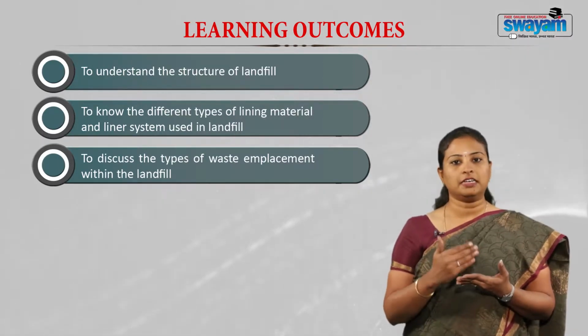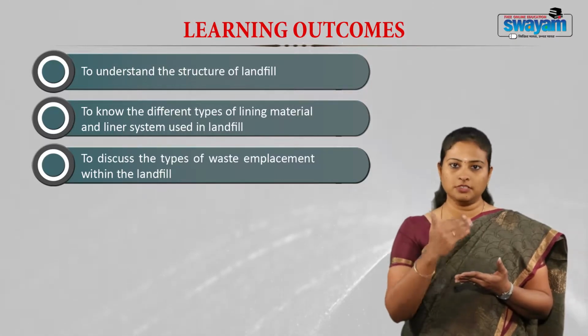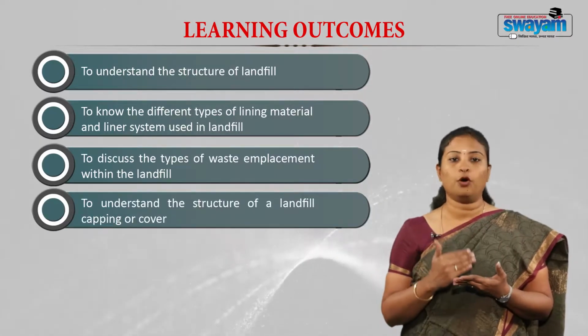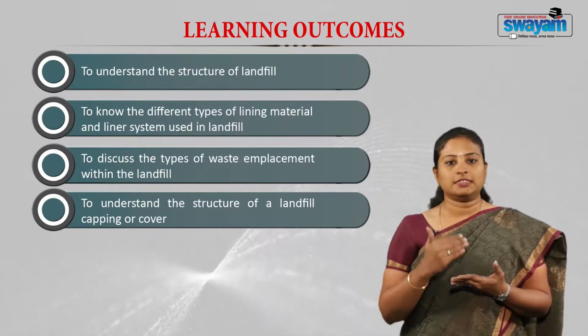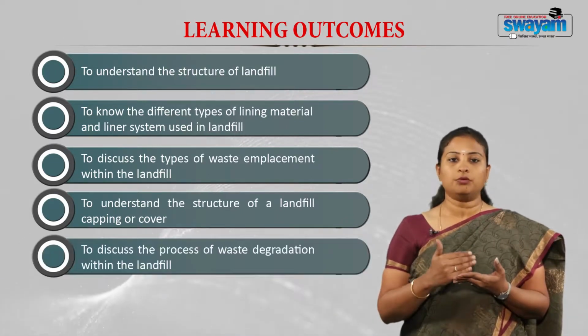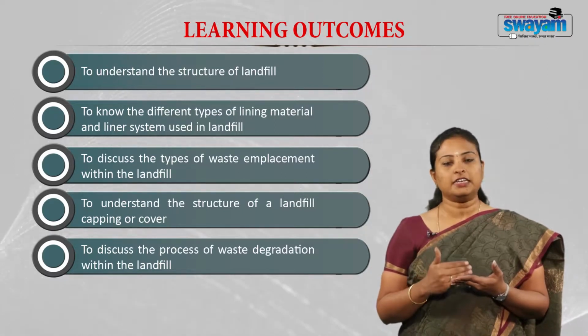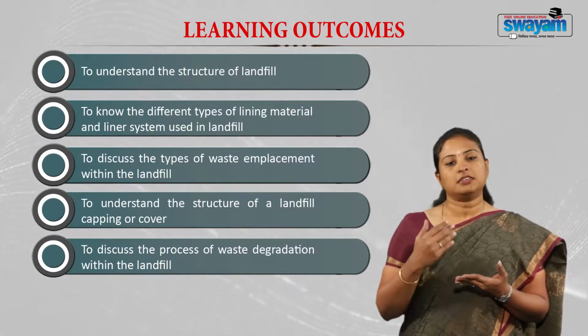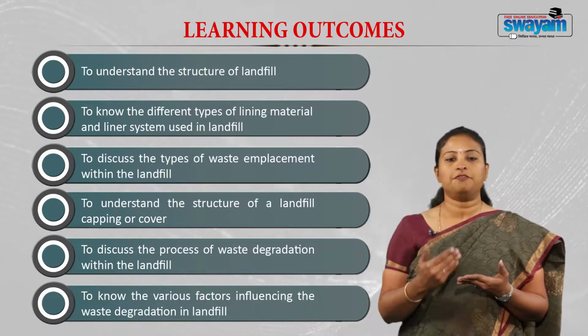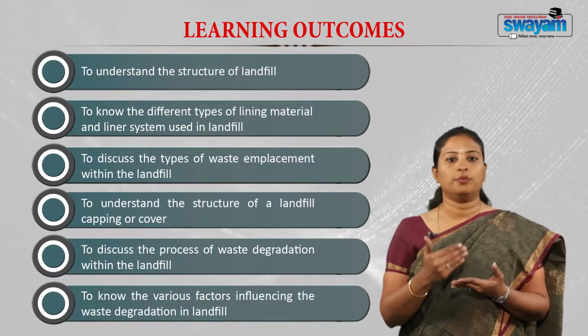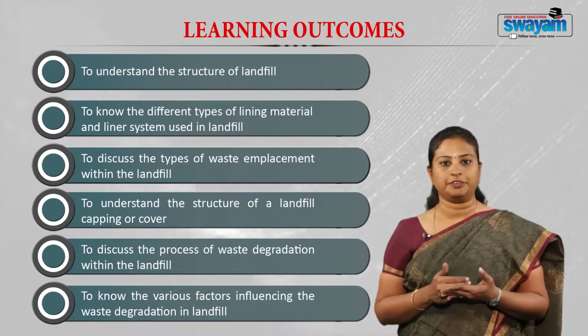Then we will discuss the structure of the landfill cap or cover. Then, as I told you, we will discuss how the waste gets degraded within the landfill. Finally, we will also briefly study certain factors that influence waste degradation within a landfill.